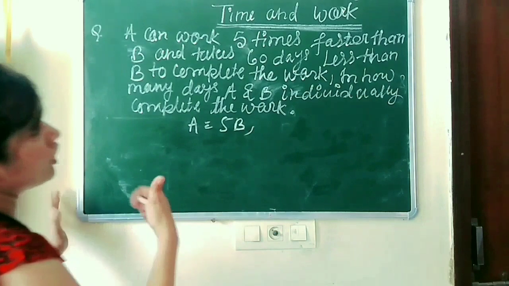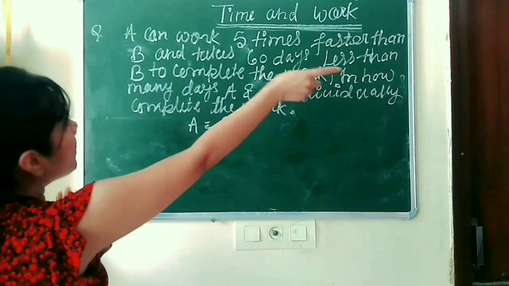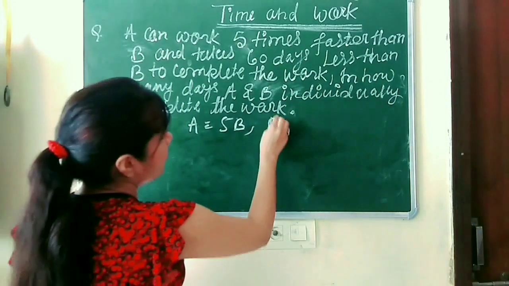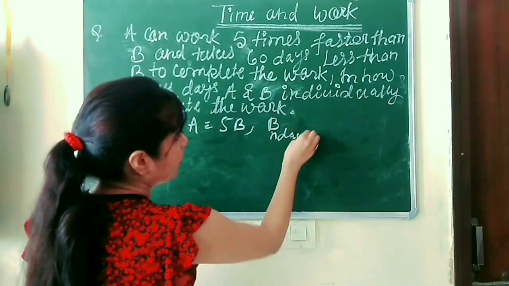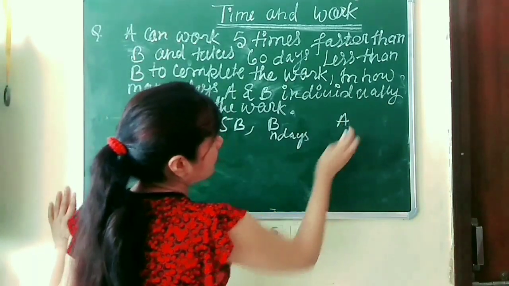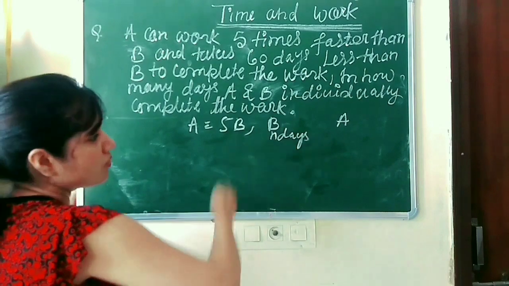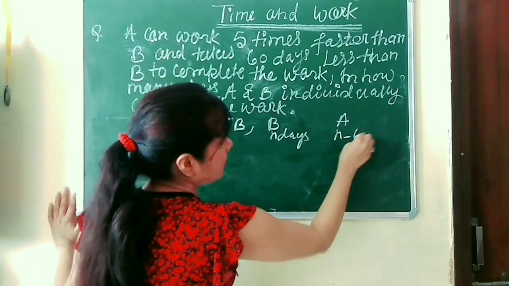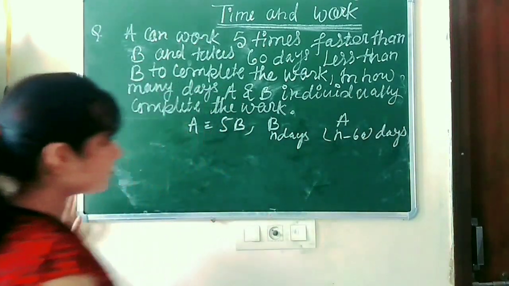Second, A takes 60 days less than B. So if B takes n days to finish the work, A will take 60 days less as compared to B, that is, n minus 60 days.